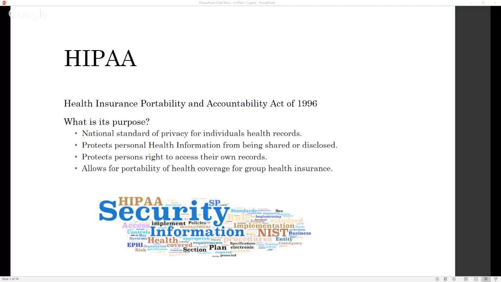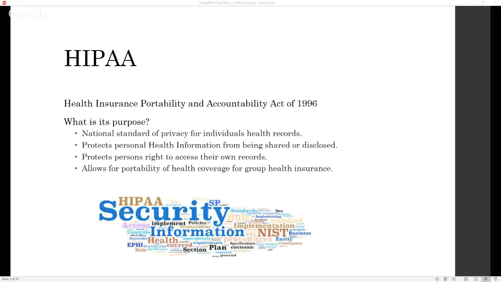So HIPAA is the Health Insurance Portability and Accountability Act of 1996. What is its purpose? I think a lot of us, if we worked in or even volunteered in a healthcare setting, have had to do HIPAA training. I've had to do it like 3 times. A lot of what they cover is primarily the personal rights of HIPAA, or protecting people's health information.